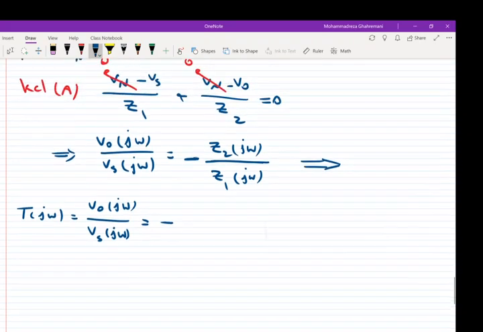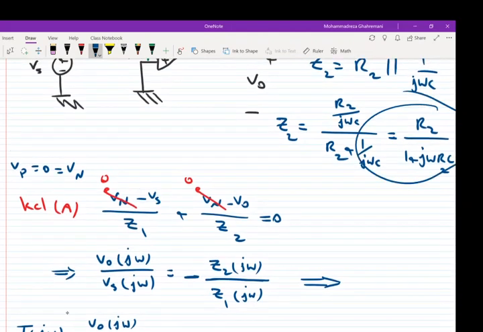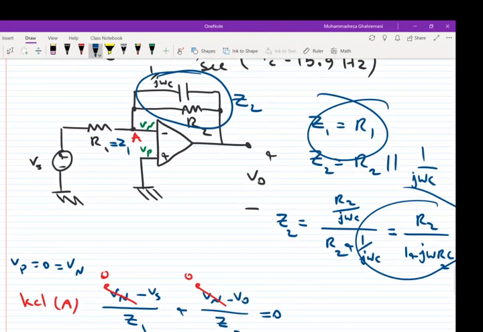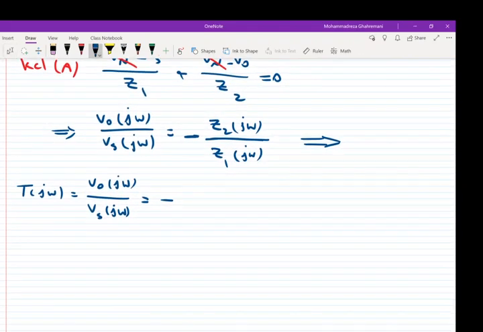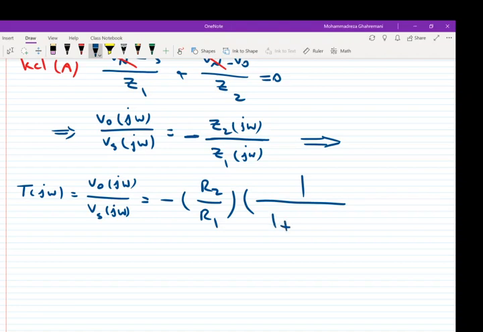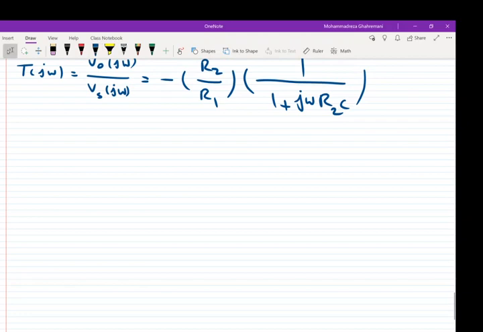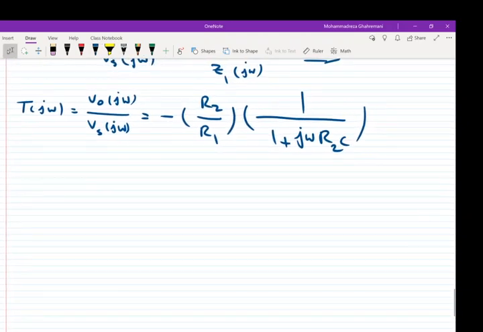If we divide Z2 by Z1, Z2 is here, Z1 is here, so definitely it will be equal to negative R2 over R1 times 1 over 1 plus j omega R2c. So this one is the value.